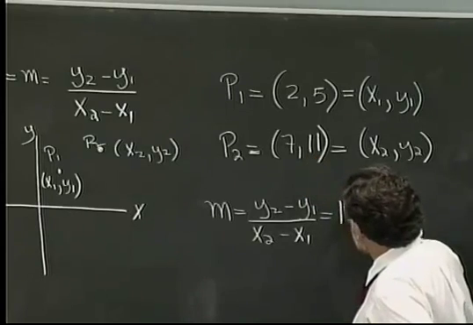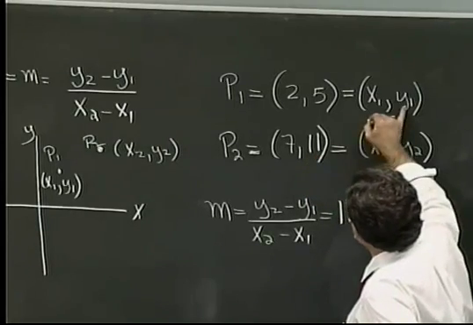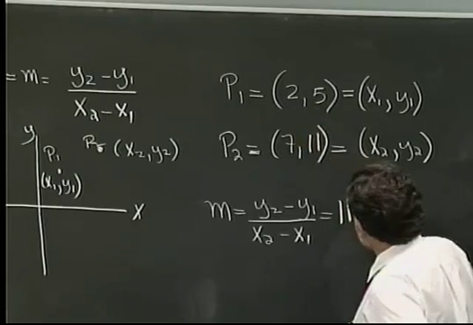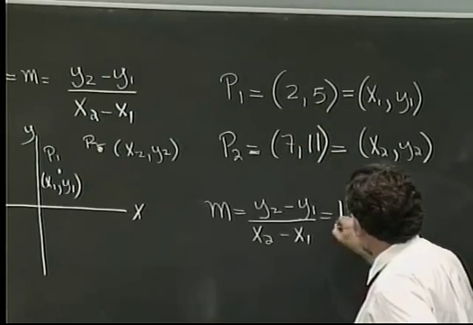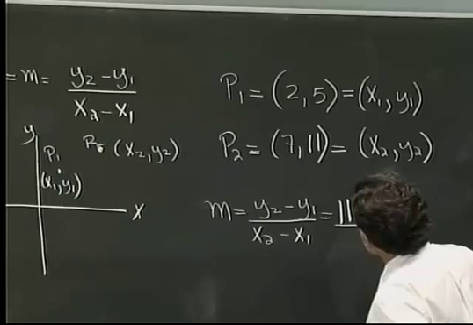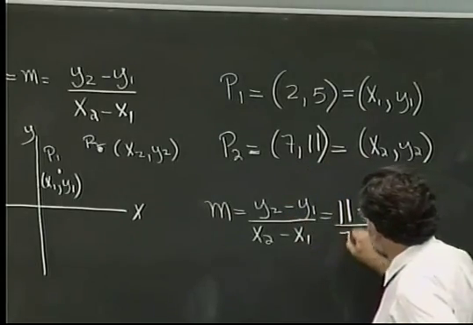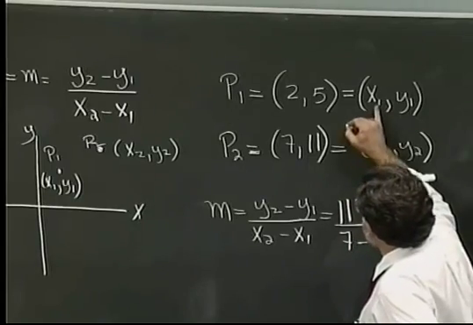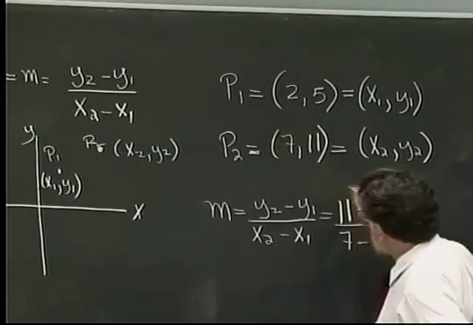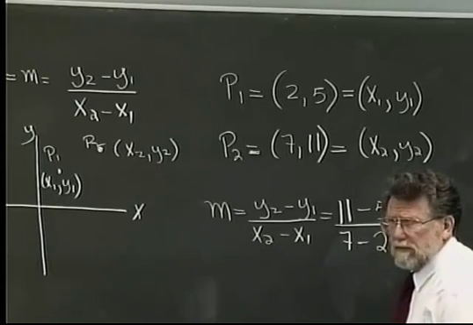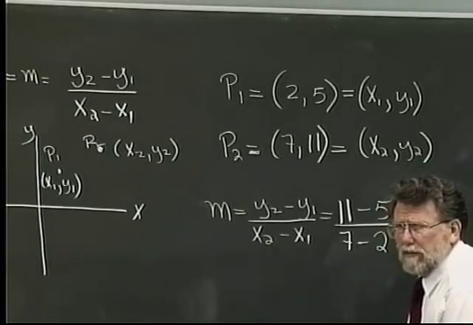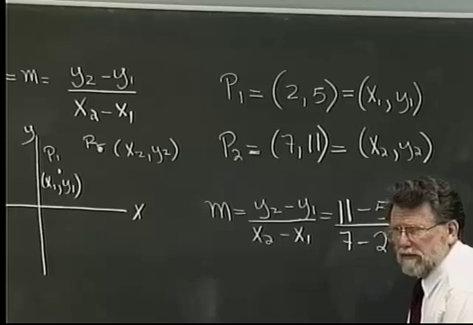It is 11. The y sub 1 is this value, so I'm going to subtract 5. Then I'm going to come down to the x sub 2, which I've already identified, and that is 7. And the x sub 1 I've identified as 2. So once I make my identification, there is no particular confusion.